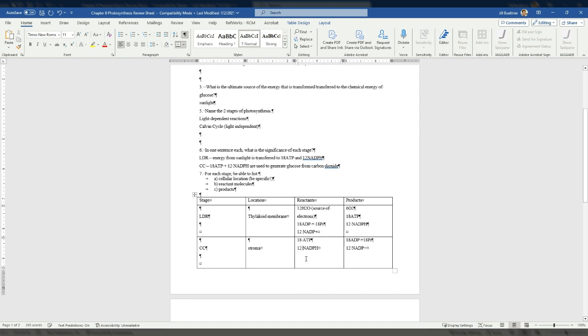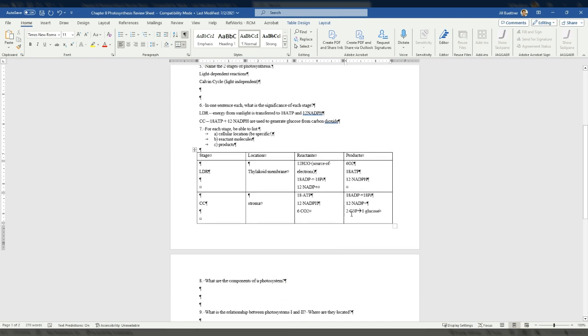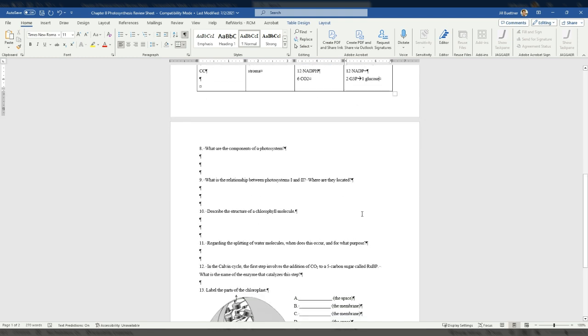And that's all in order to convert 6 CO2s to 1 glucose. Although really it's initially 2 molecules called G3P, a 3-carbon sugar, and then those are joined together to make 1 glucose. So there's a little bit of a side note there: 2 3-carbon sugars makes 1 glucose ultimately.